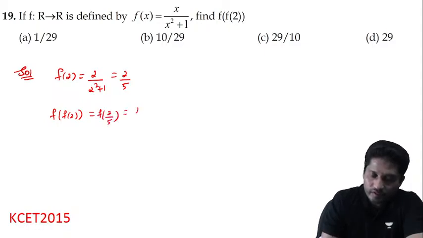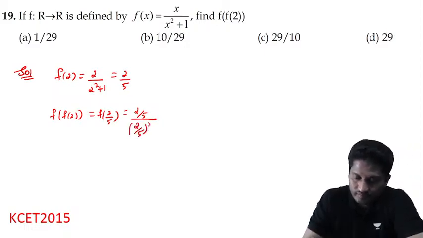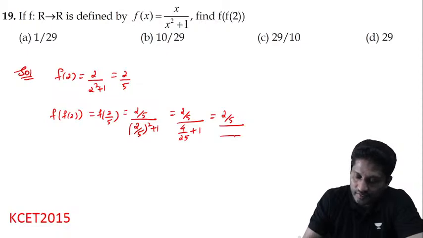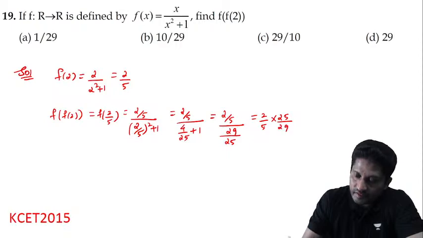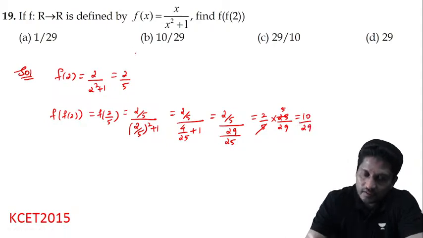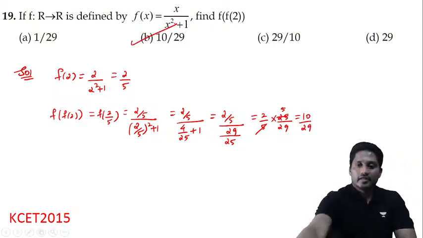Now if I substitute, you get 2 by 5 divided by 2 by 5 the whole square plus 1. 2 upon 5, 4 by 25 plus 1. 2 by 5, okay, LCM is 25, you get 29 by 25. Okay, so this 2 by 5 into 25 by 29. You cancel 5 times. Answer will be equal to 10 upon 29. Answer is option B. Right? Let's move to the next question.